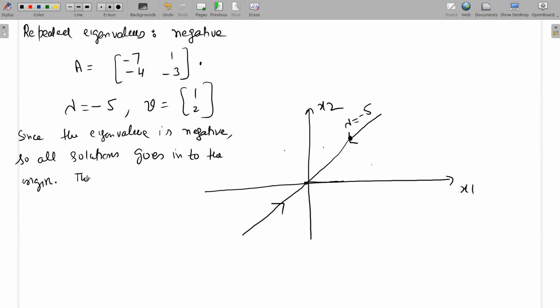And in this case, the critical point is called stable.